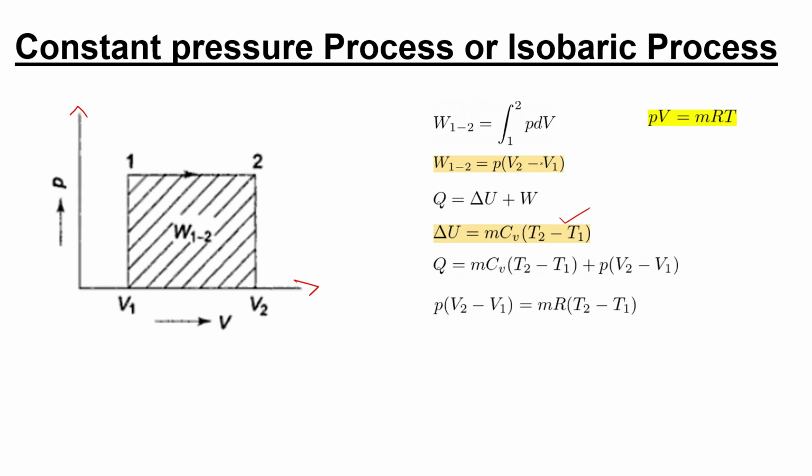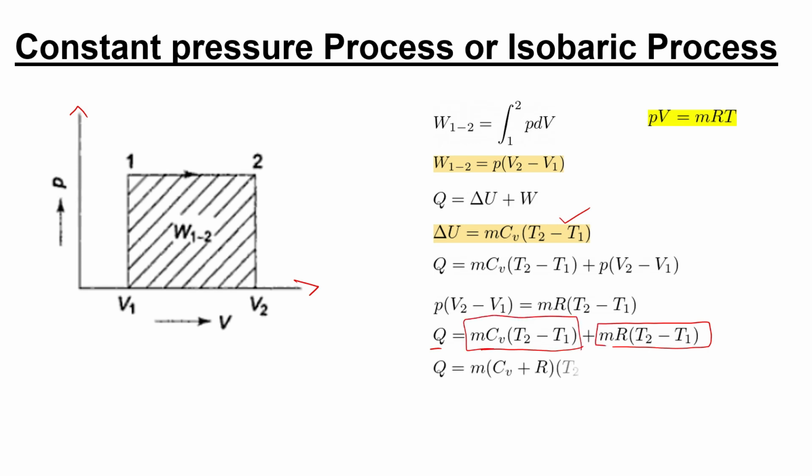So this is the expression for work. You can also use this expression for calculating work. So Q will become mCv into T2 minus T1 plus mR into T2 minus T1. Okay, so this can be written as m into Cv plus R into T2 minus T1, so Q is equal to mCp into T2 minus T1. So this is the expression for the heat added or rejected in a constant pressure process.